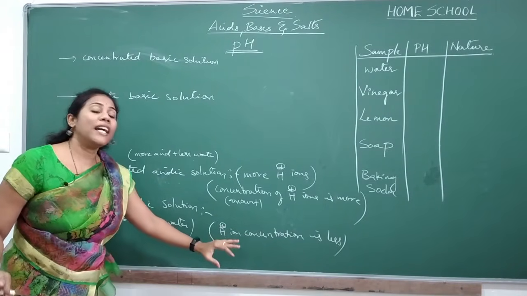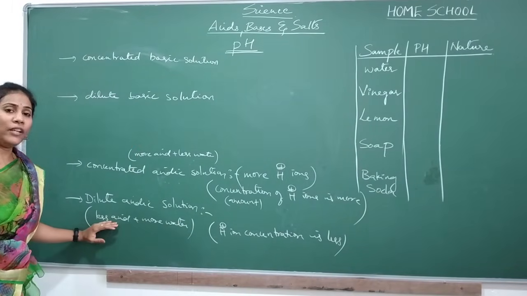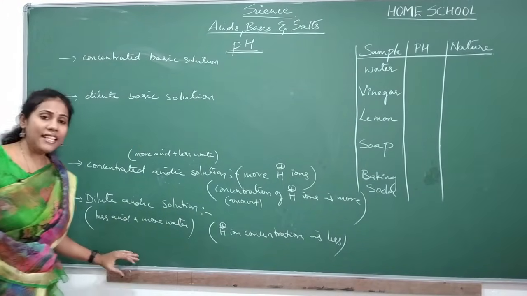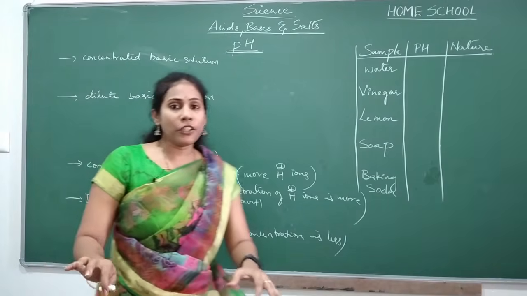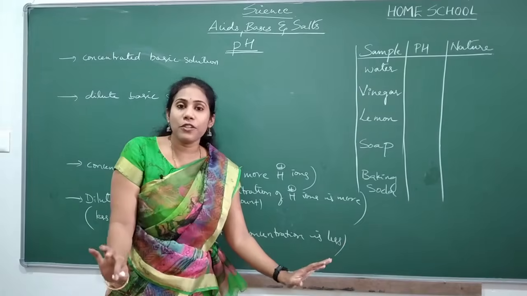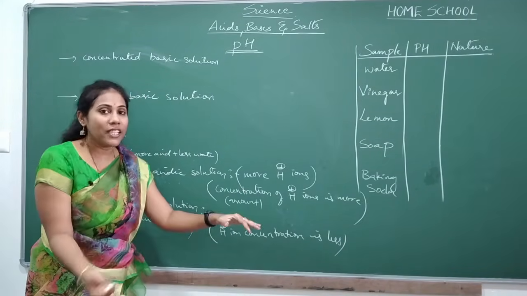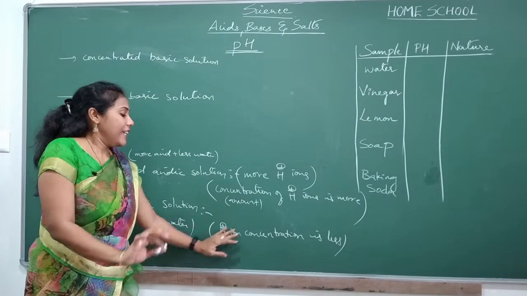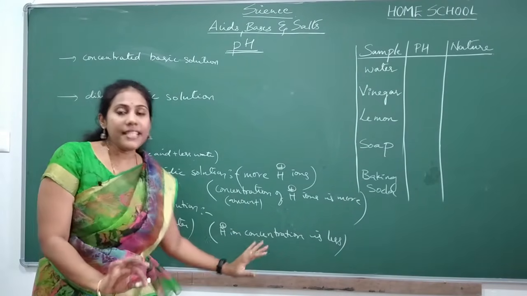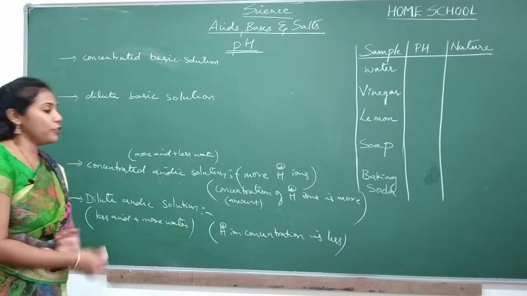Can you tell me why the amount of H plus ions is less? Because less acid you have taken. When you have less acid, lesser acidic molecules are there, so lesser number of H plus ions will be there in a solution. In other words, I can say H plus ion concentration is less, in dilute acidic solution.